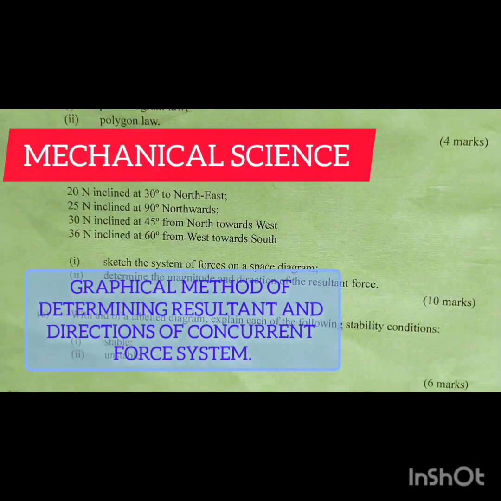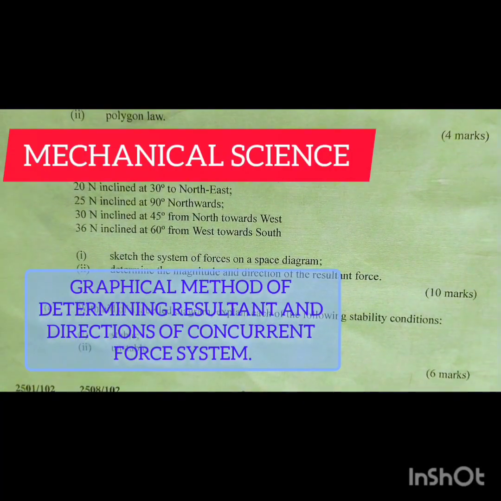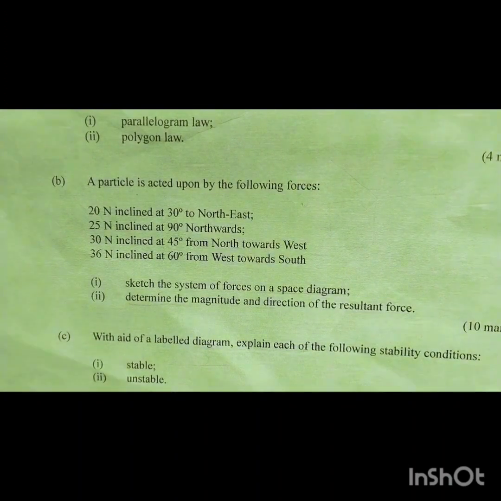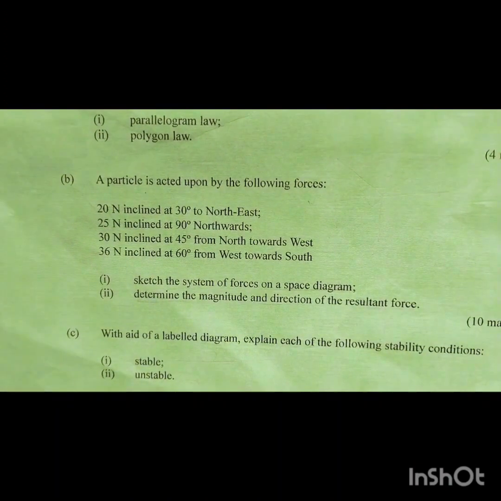Hello, welcome again. We are going to solve a problem in forces, and today we have a question that reads: a particle is acted upon by the following forces. You can read it from your screen.